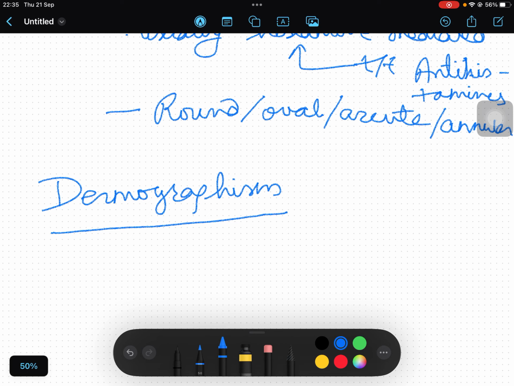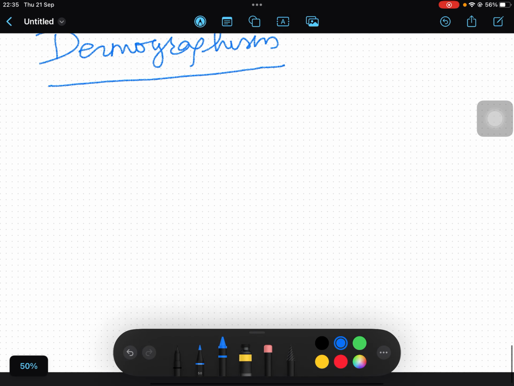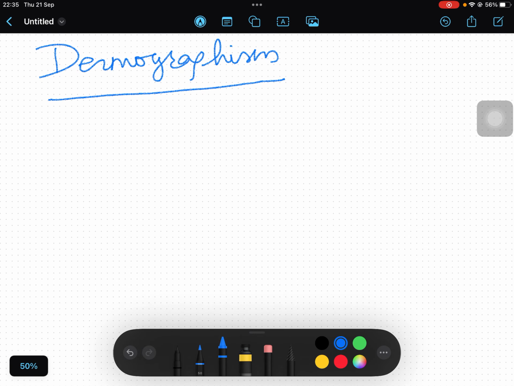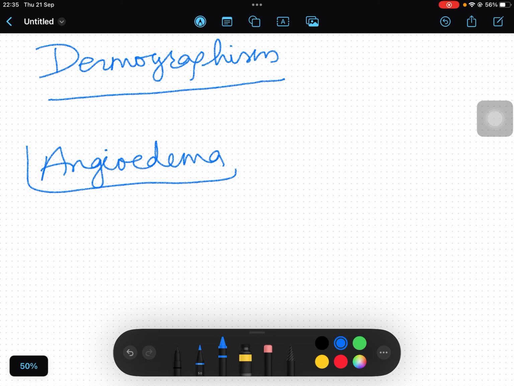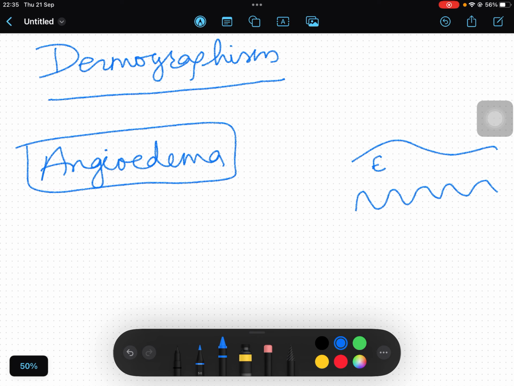Stroking of skin may produce dermographism in some persons. The other thing that needs to be discussed while discussing wheals is angioedema. Suppose this is skin, epidermis, this is dermis, and this is subcutaneous fat.